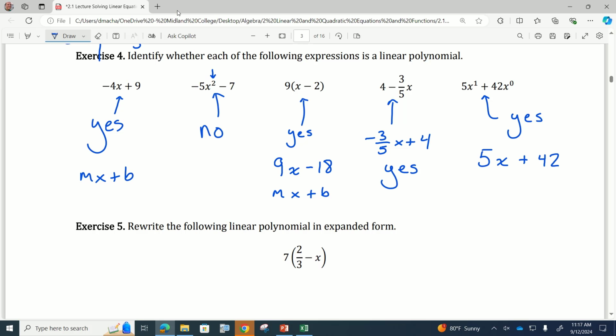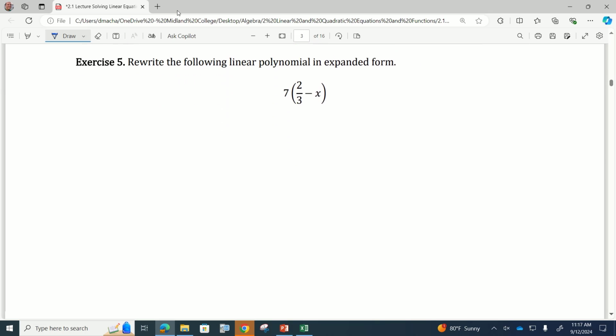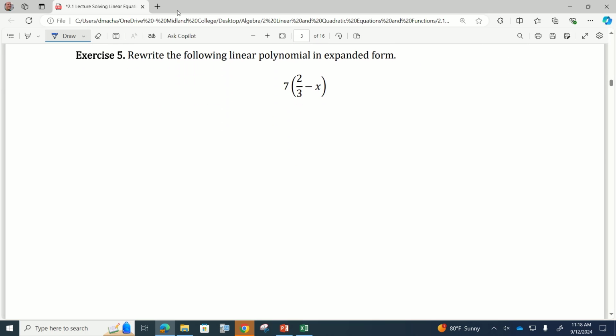Okay. If I ask you, rewrite the following linear polynomial in expanded form, how would you write this in expanded form?